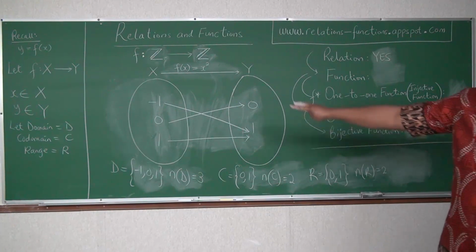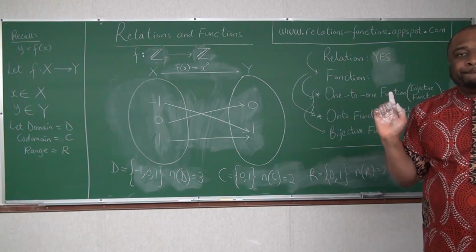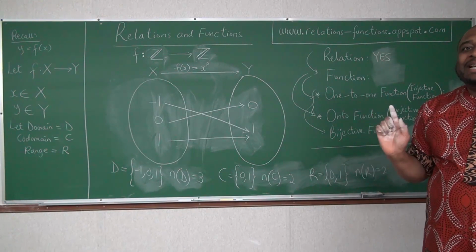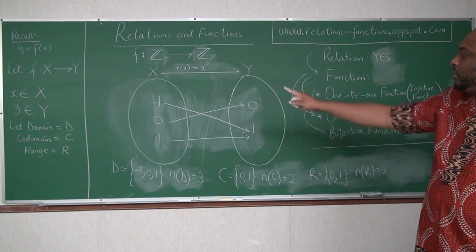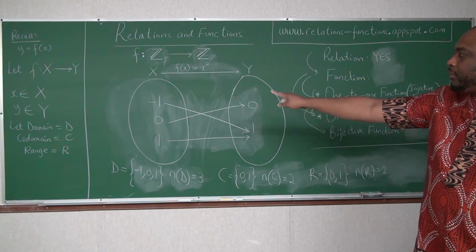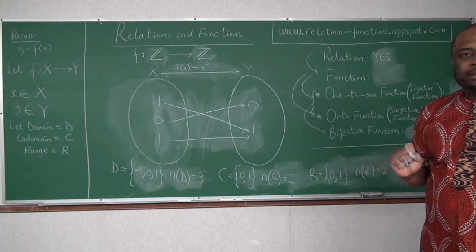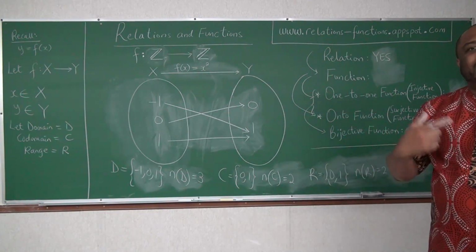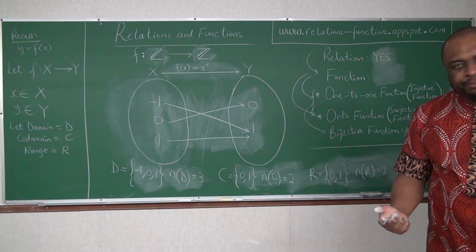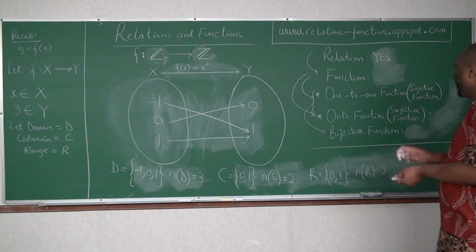No. We do have two inputs that have the same output. Like I said, two people can make the same grade on a test. The image of -1 is 1. The image of 1 is 1. So two inputs can have the same output. So is it a function? Yes, it is.